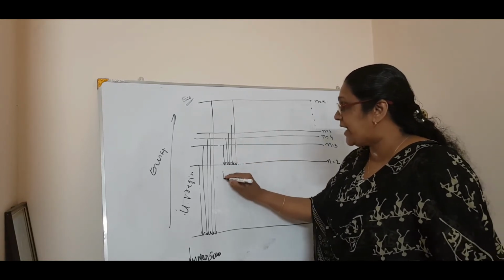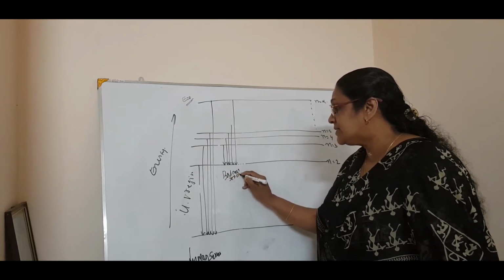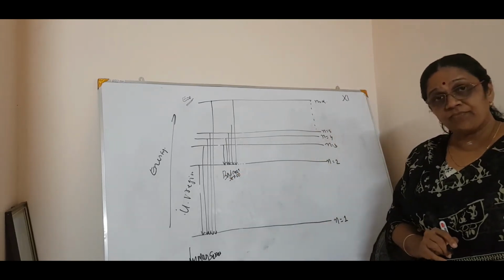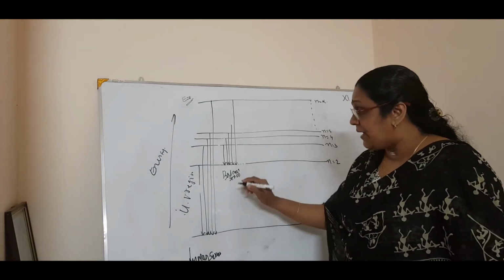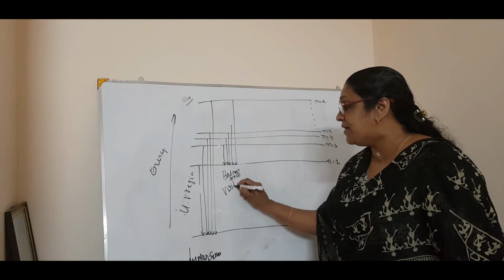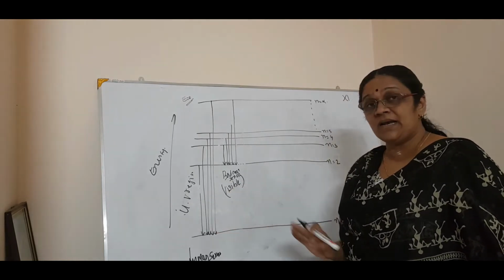So this is called the Balmer series. Balmer series lies in the visible region, isn't it? This is the ultraviolet region and this is the visible region.